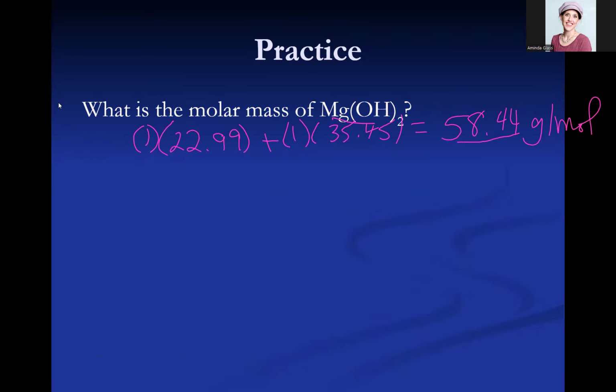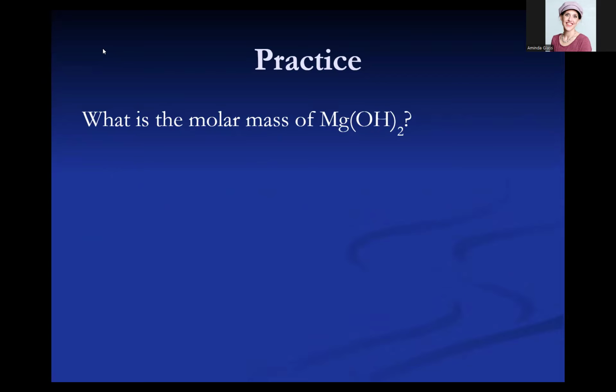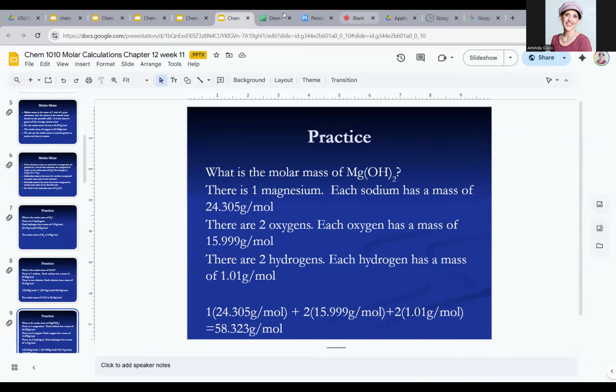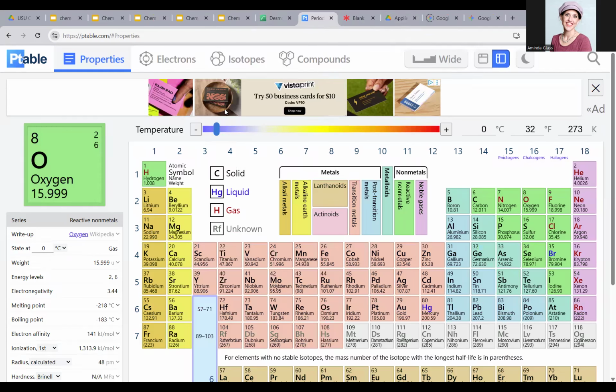Okay, we're going to do another one. What's the molar mass of magnesium hydroxide? Well, let's look at the periodic table. Magnesium is 24.31.